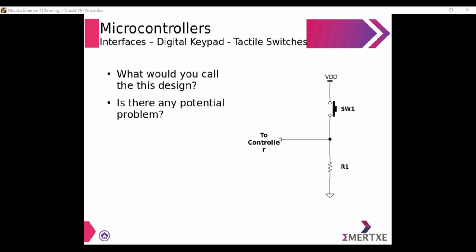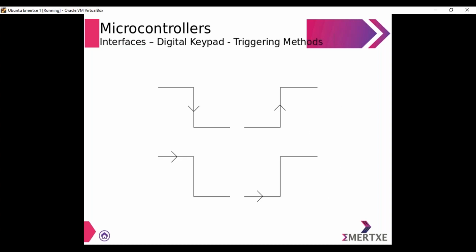So if you have to take the action upon the switch being pressed, you can take the action either with respect to edge detection or with respect to level detection. Whenever a switch is pressed, you will get either of the two edges identified or either of the two levels identified.